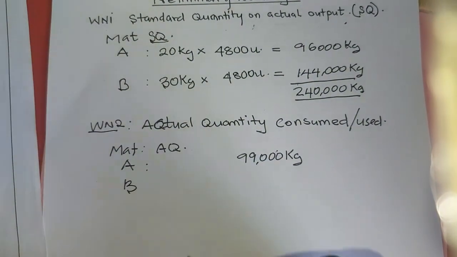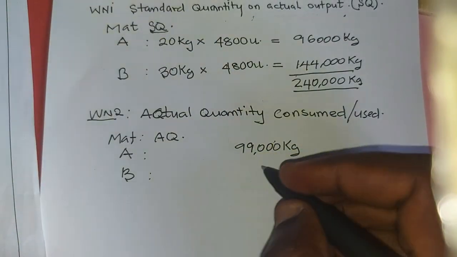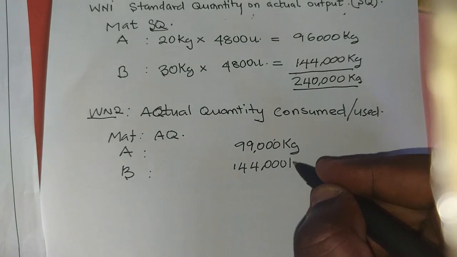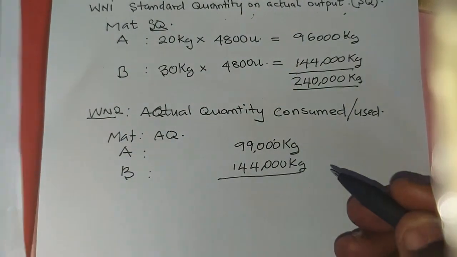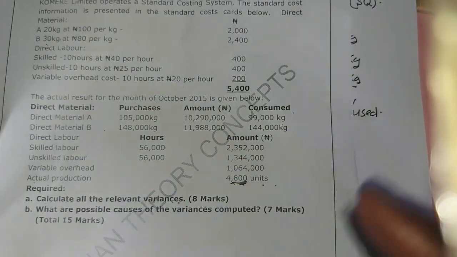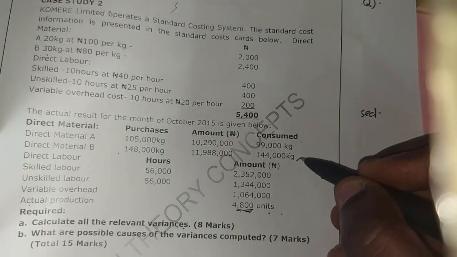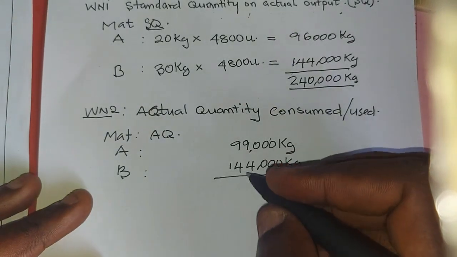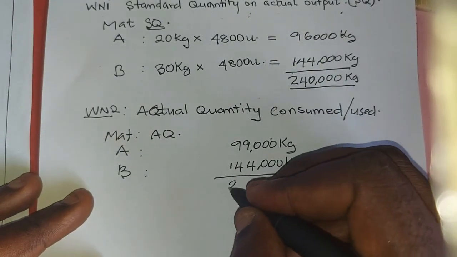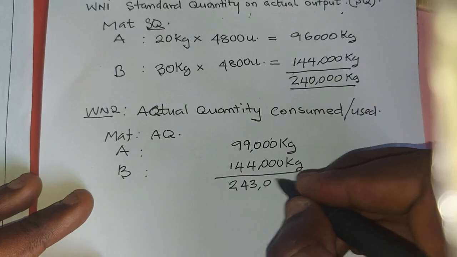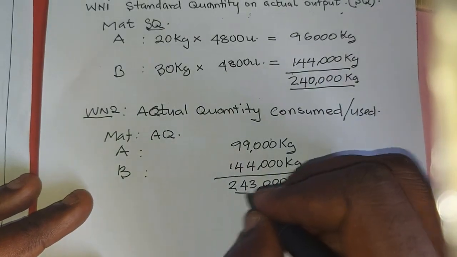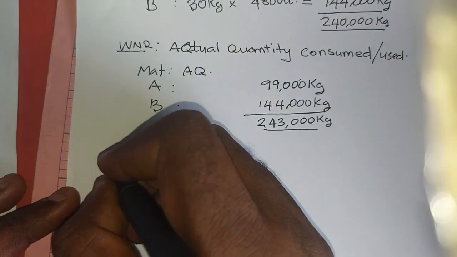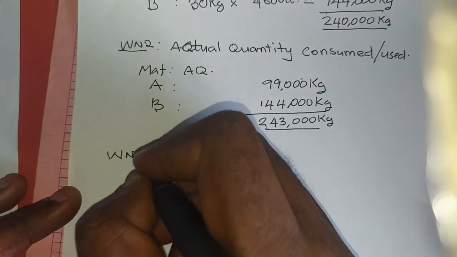Then for material B, the actual quantity is 144,000 kilograms. Then the total of these will give you 243,000 kilograms.